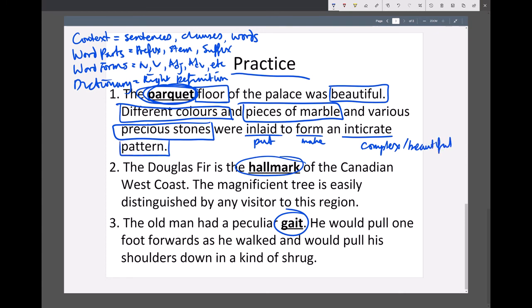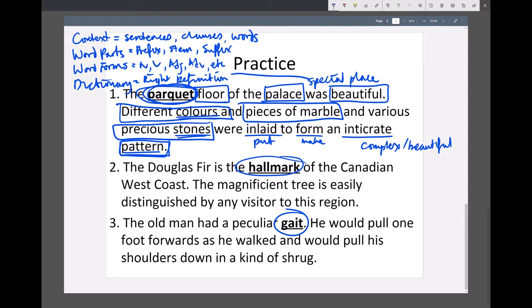So if you guess a patterned floor made of stones with different colors in an expensive place like a palace, a special place, you'd be right. And you can check this with the dictionary too.